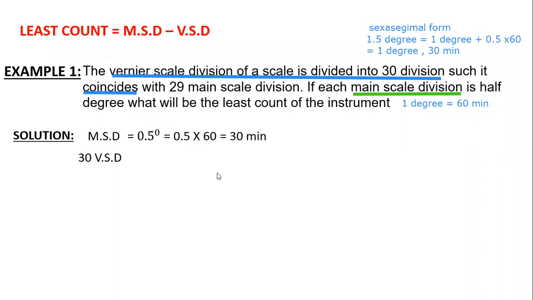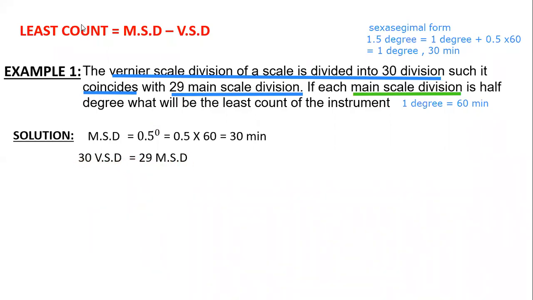If it coincides, that will be equal to the next divisions, that is nothing but 29 main scale divisions. So this is the mathematical relation: 30 divisions on the vernier scale, that is your 30 VSD, coincides means equal to 29 main scale divisions. Is this equation clear? I just converted the first statement into equation form.